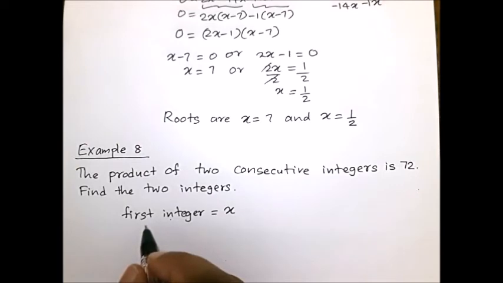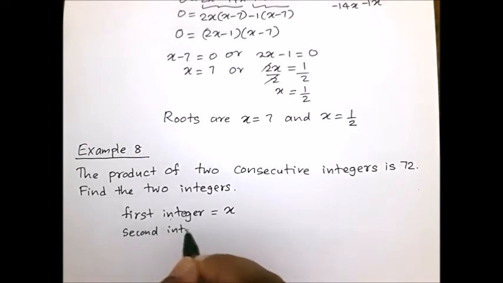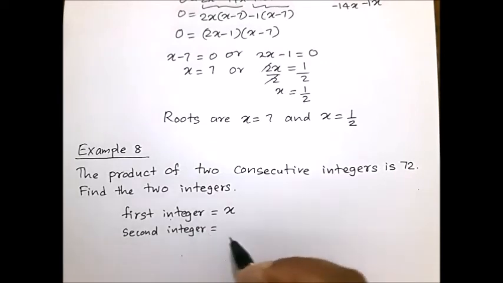Then what is the next one, the second integer? What is the difference between two integers? Integers are positive and negative whole numbers including 0. We call them integers. So the difference between two consecutive integers is 1. So the next integer is x plus 1.